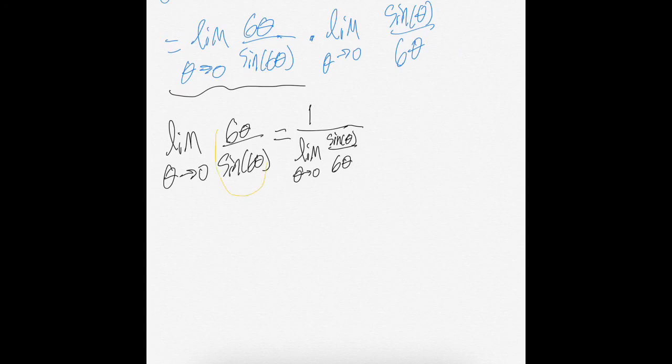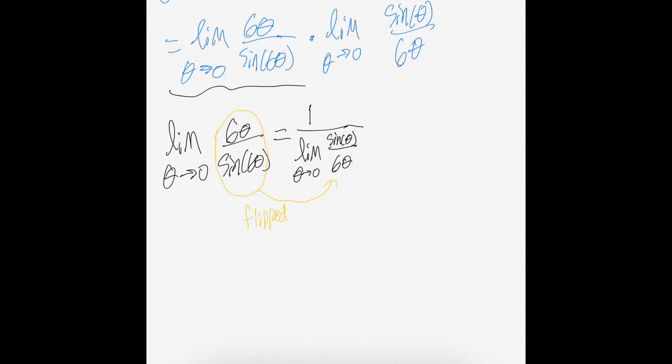In other words, I flipped my fraction. I've just taken the reciprocal, so I can flip that fraction and then put a 1 over that entire limit.